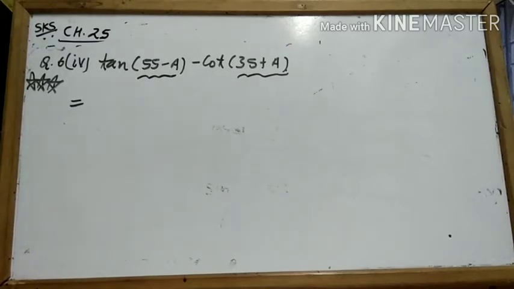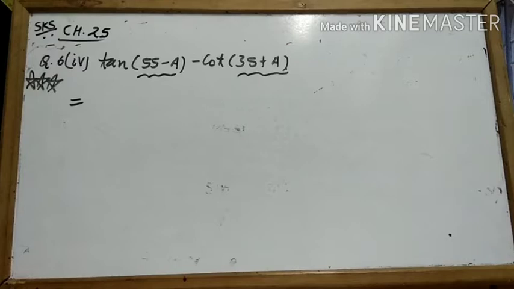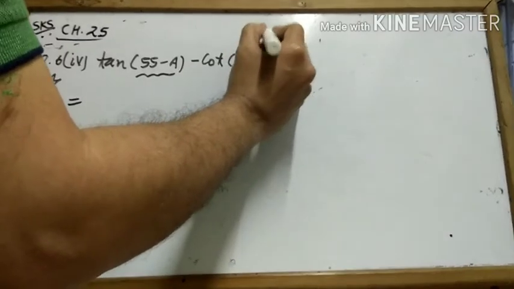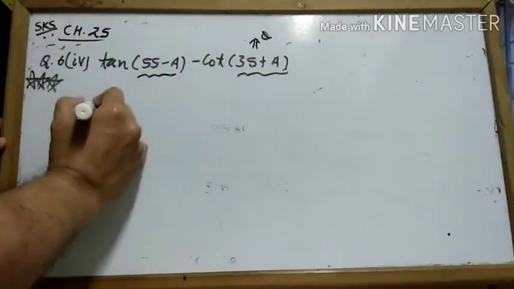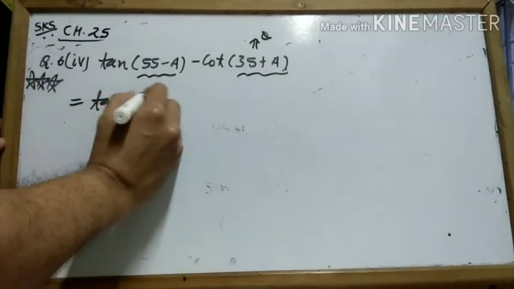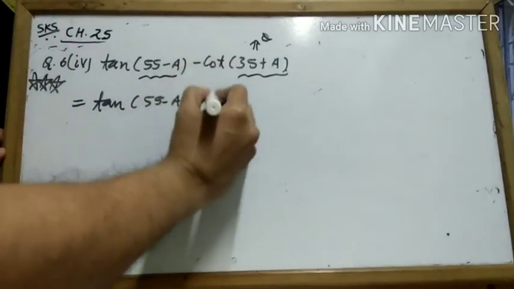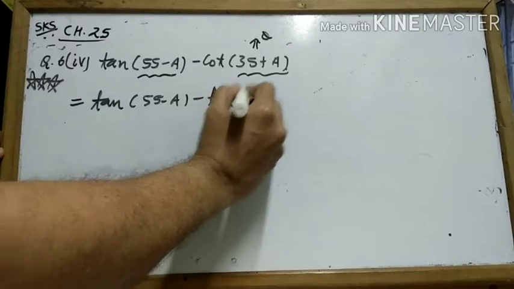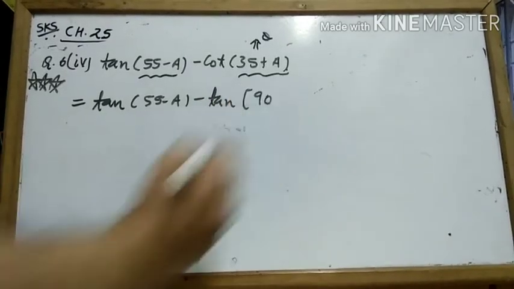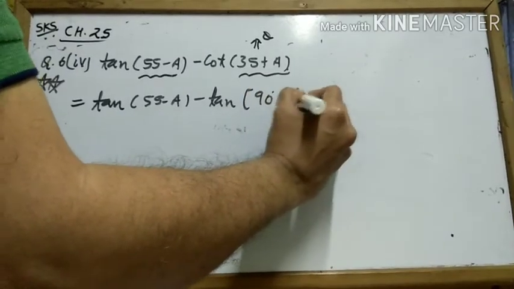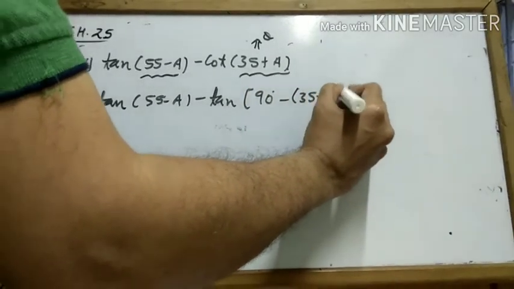So both the angles are complementary angles. Their sum is 90 degree. So what I am going to do is consider any one angle as theta. Say, for example, I am considering this as theta. Tan of (55 minus a) minus, instead of cot theta, because I am writing the 90 minus theta relation, 90 degree minus, instead of theta I have (35 plus a).